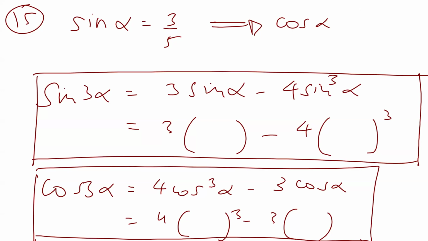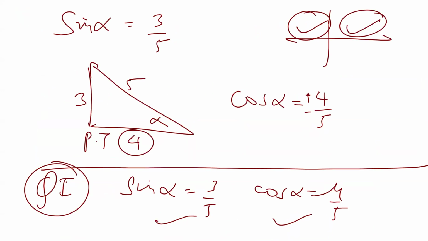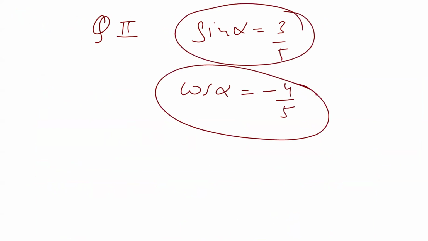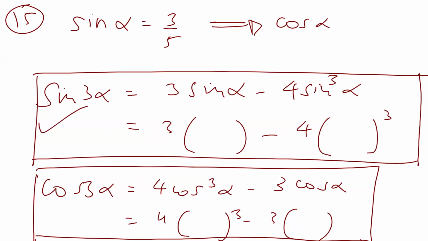In case 2, that is quadrant number 2, sine alpha is positive, but cos alpha is negative. Now put these two values in this formula, sine 3 alpha and cos 3 alpha. So make a separate solution for both the cases, and tan 3 alpha is sine 3 alpha upon cos 3 alpha. That was question number 15.